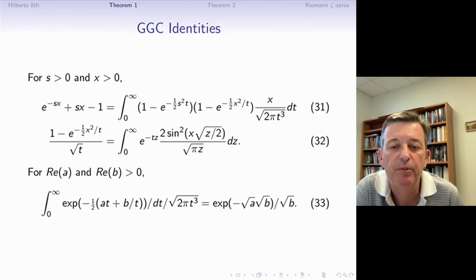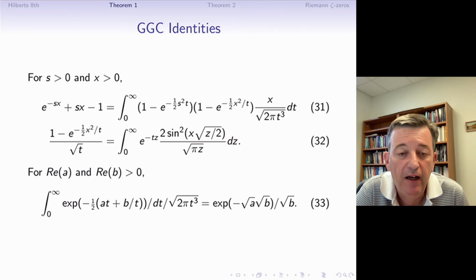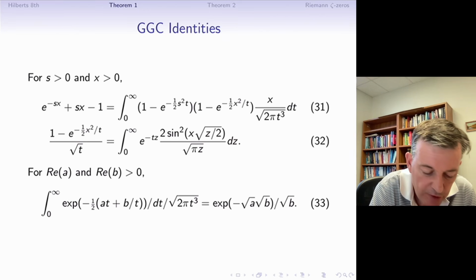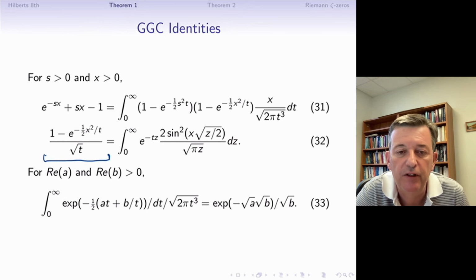So how do we find the reciprocal? Well, there are two very key identities that can be used for generalized gamma convolutions that let you switch between the two. And again, these are just algebraic facts. The more interesting one is equation 32, which essentially shows that this function here is a completely monotone function.